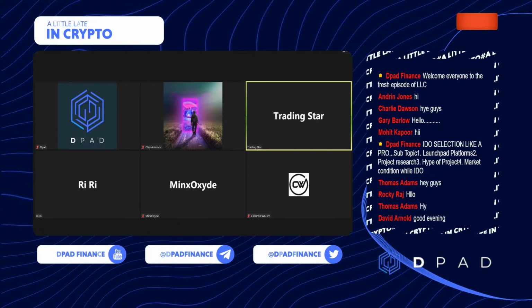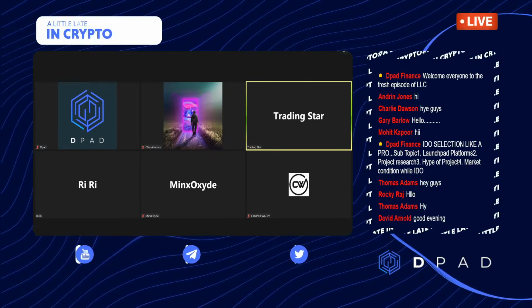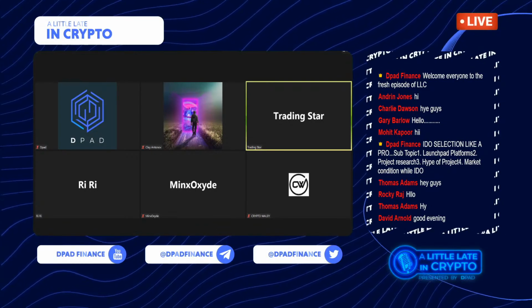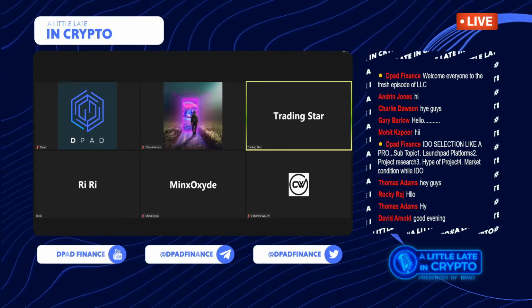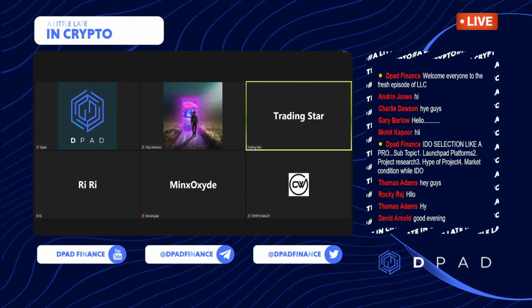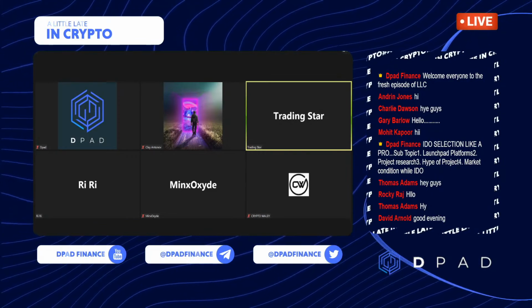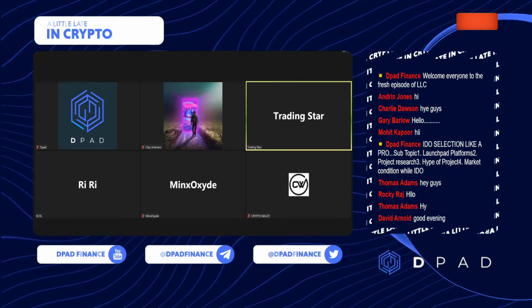It had a fully diluted valuation of say $500 million, which was amazing. I have seen only a few projects with such a fully diluted valuation, I think only one or two, based on the layer two of Bitcoin.